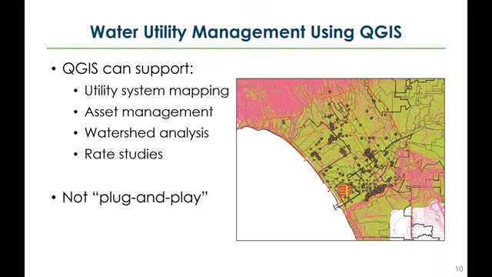If you're involved in a regional watershed group, or in watershed planning for your utility, you can use QGIS to evaluate, for instance, your streamflow network or create watersheds, similar to the tools that are available in ArcGIS.